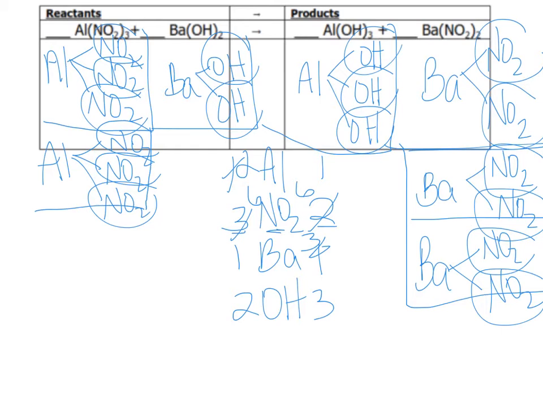And so now I'm going to look at AL. AL was balanced, but now I have 2 ALs. So I need another one of this product. And I'm just going to have to squeeze it in down here because I'm running out of room.